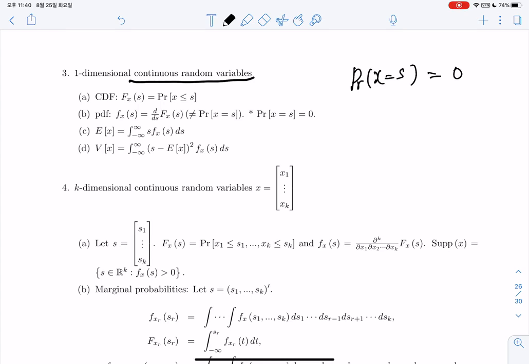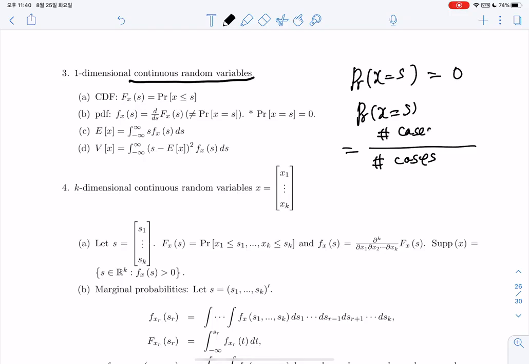The underlying intuition is this: probability that x is s is number of cases that x is s over total number of cases.